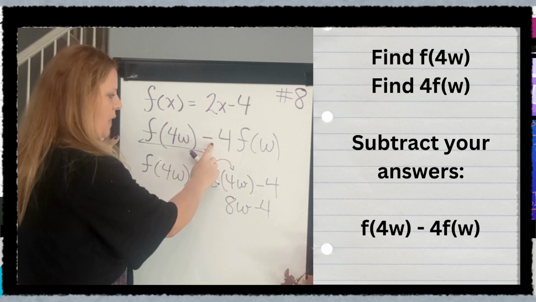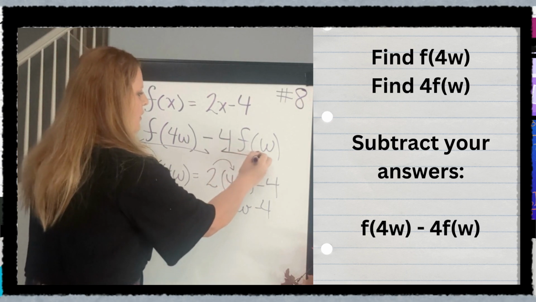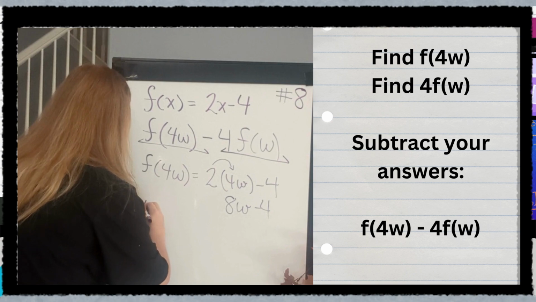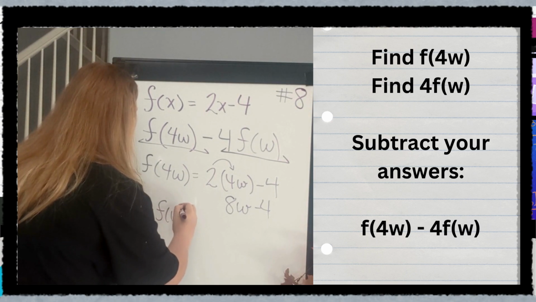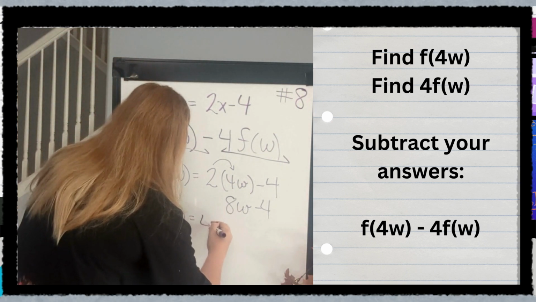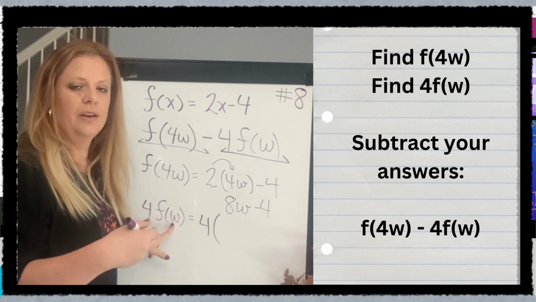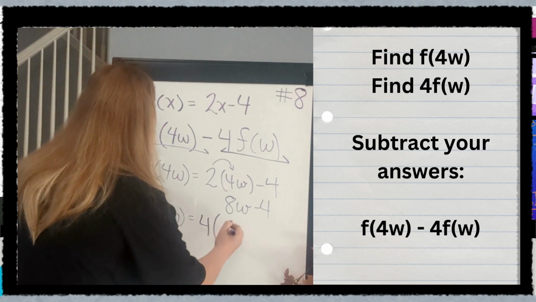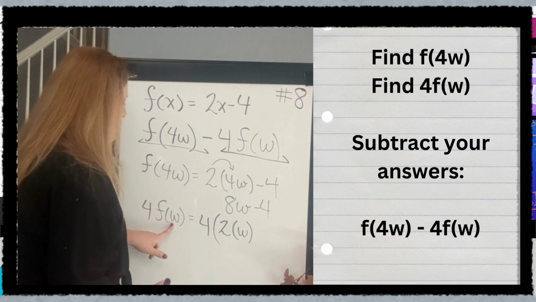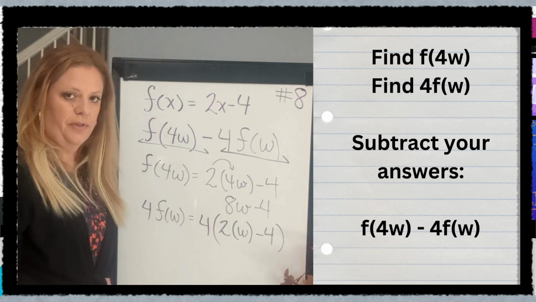Now we're going to subtract 4 f of w. So I'm going to find 4 times f of w. That would be 4 times, put a w anywhere you see an x, so 2 times w minus 4, and I will end those parentheses.